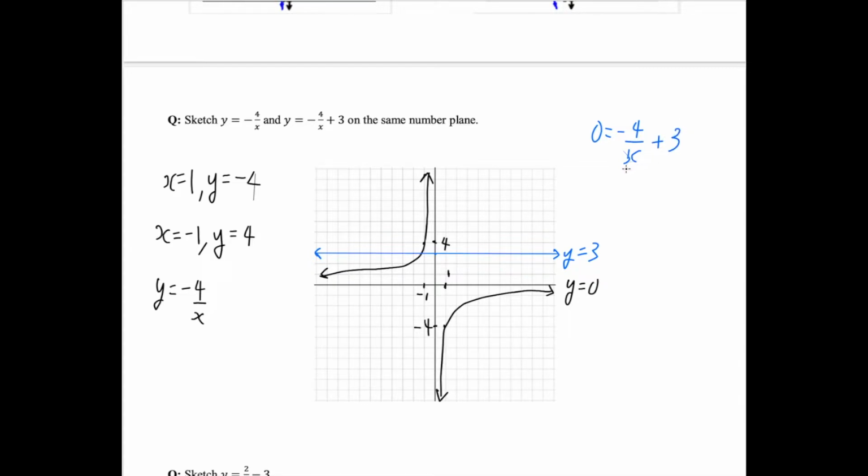To solve for this, we can add 4 on x to both sides. So we get 4 on x is equal to 3. To solve for x, we can swap the x and the 3 around, so we get 4 on 3 equals x.